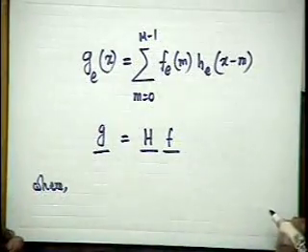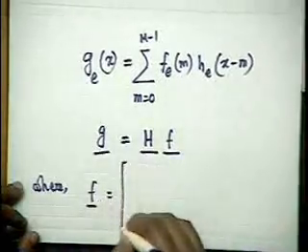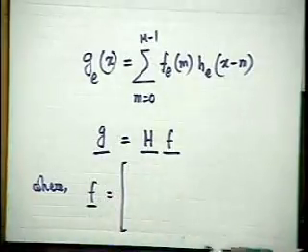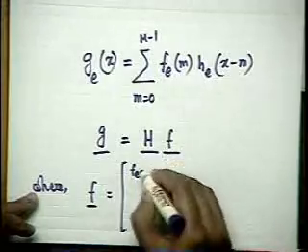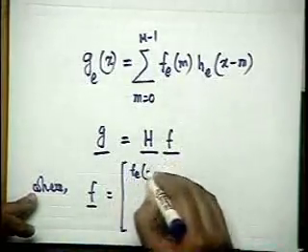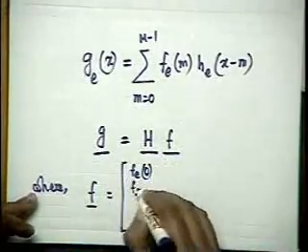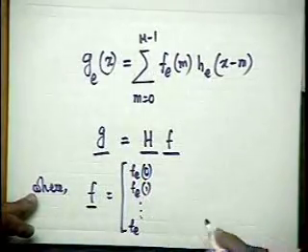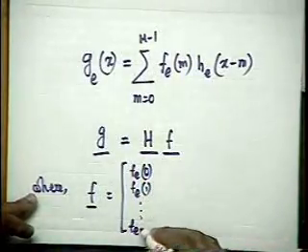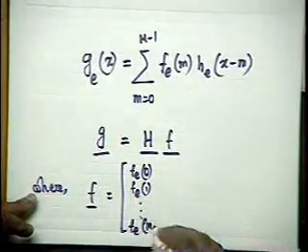We are taking capital M number of samples, isn't it? So f is to be indicated by a simple vector, and we can write f e of 0, f e of 1, etc., up to the last element of this vector, which is going to be f e of M minus 1.